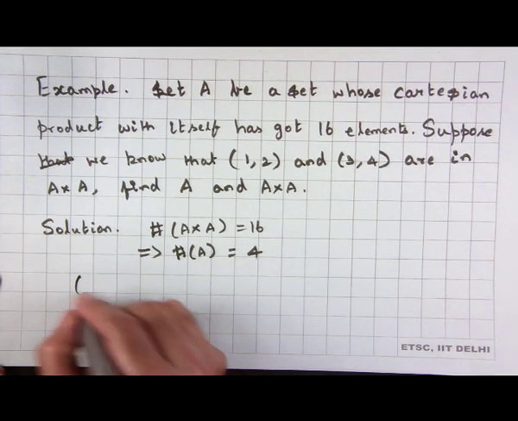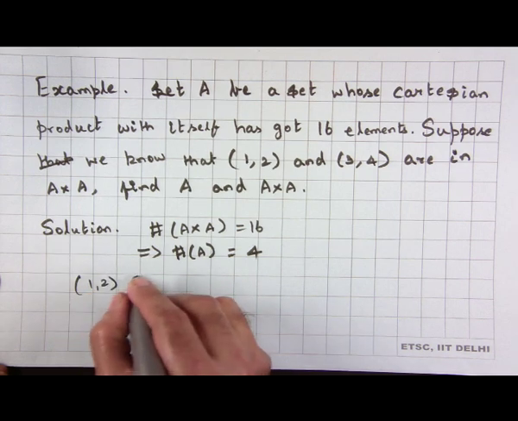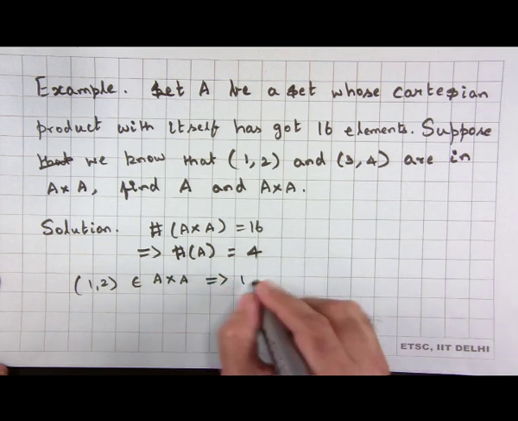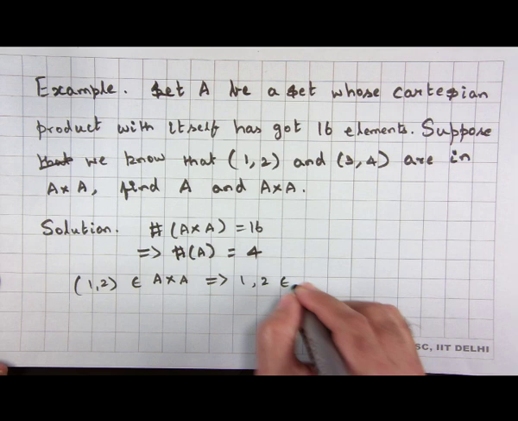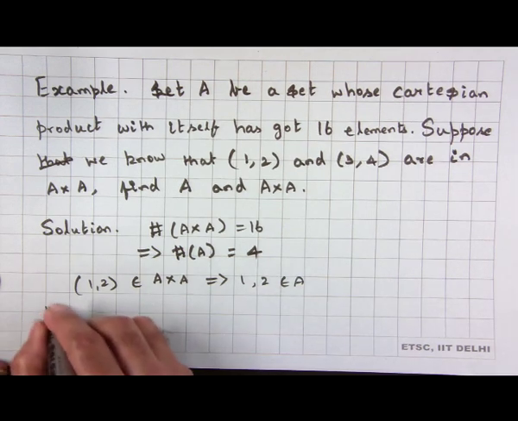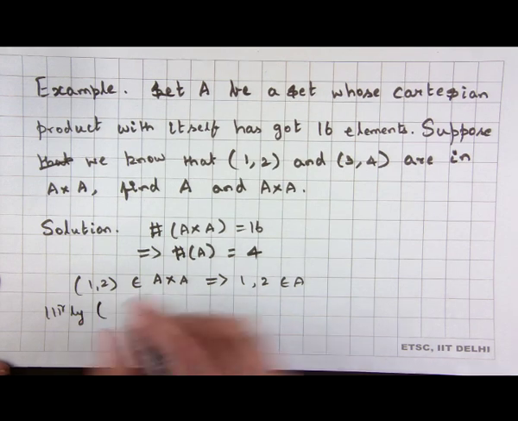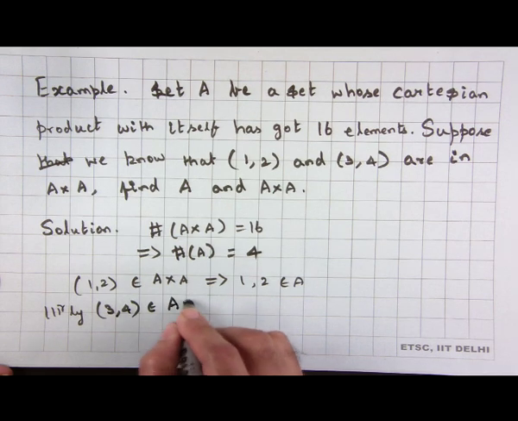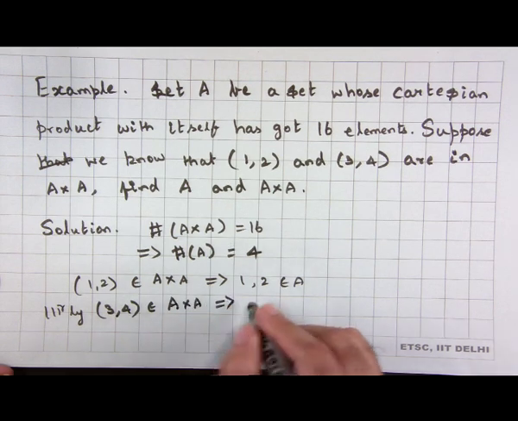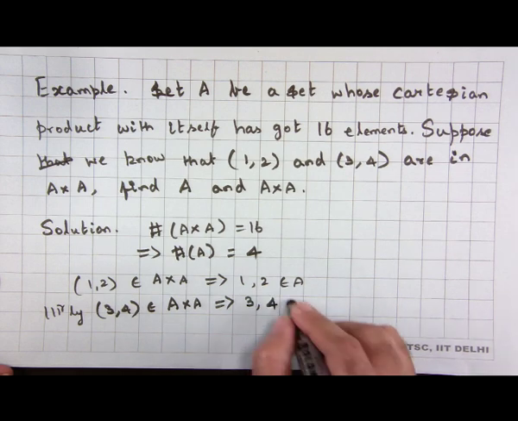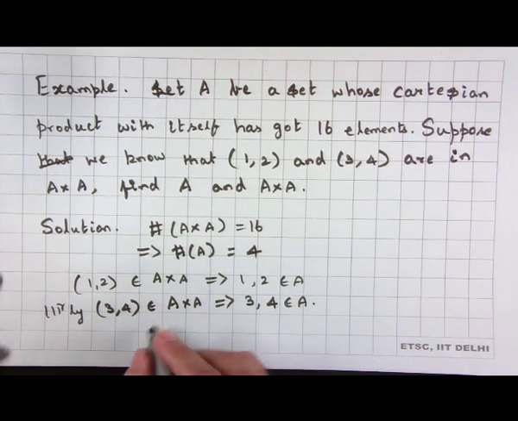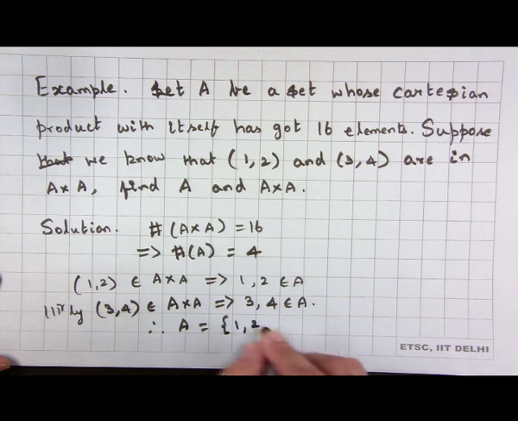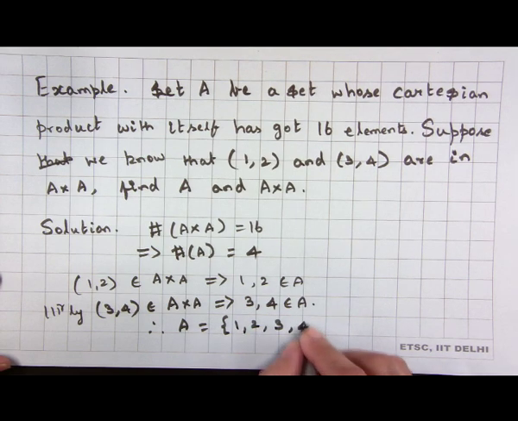Now, the pair 1 comma 2 is in A cross A, and so that implies 1 and 2 both are in A. Similarly, 3 comma 4 is in A cross A. That implies both 3 and 4 are in A. Therefore, the set A consists of 4 elements 1, 2, 3 and 4.